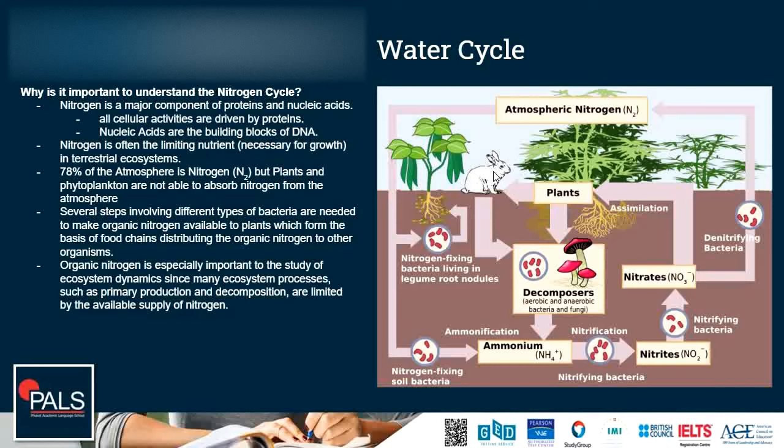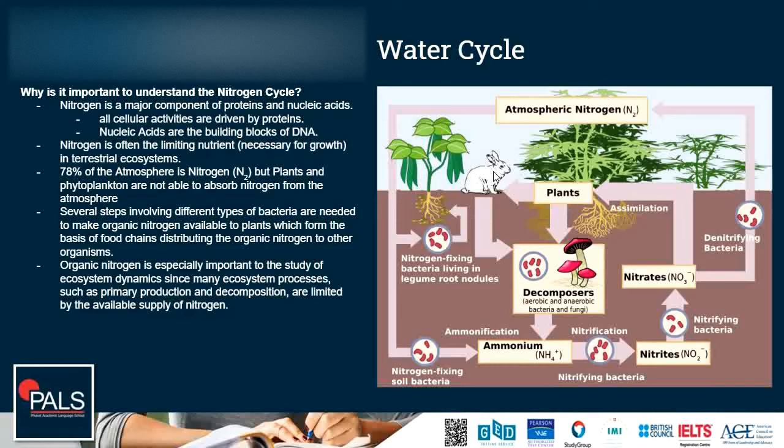So we can't make use of the nitrogen in the atmosphere, and as organisms, as plants or animals, we can't just take the nitrogen and use it to build organic molecules. It doesn't work. So several steps involving different types of bacteria in the soil are needed to change atmospheric nitrogen into organic nitrogen and make it available to plants, which then form the basis of food chains, distributing the organic nitrogen to other organisms.